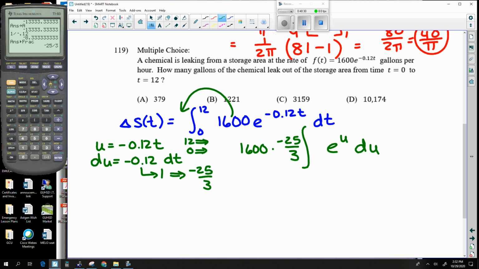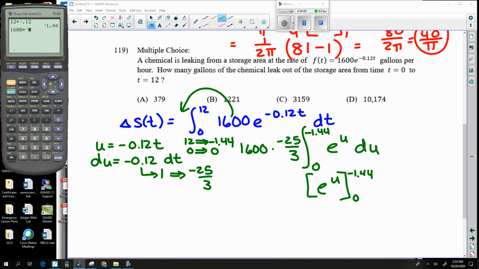So the 12, again, these are going into u. So 12 times negative 0.12 is negative 1.44. 0 going into u is 0. Okay, e to the u is e to the u. And then again, as I said, I'll worry about this. 1600 times negative 25.